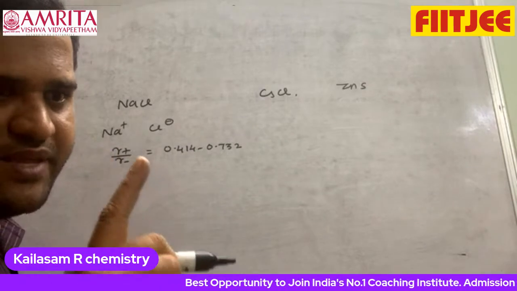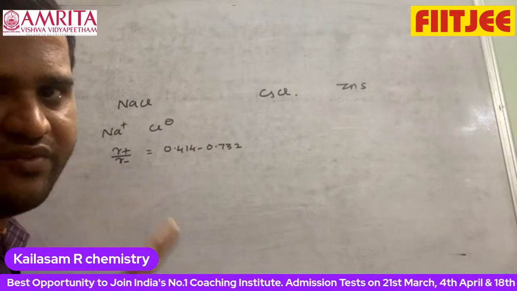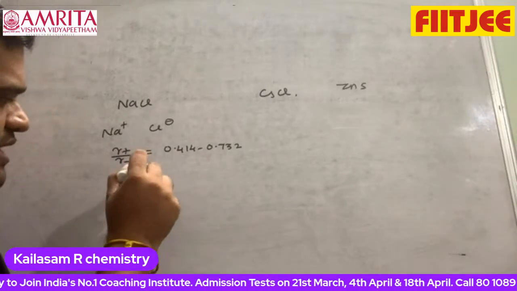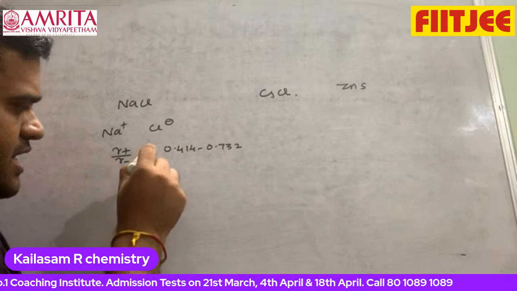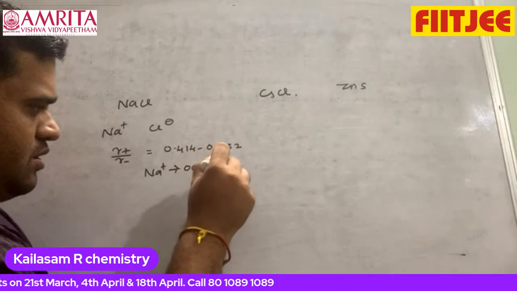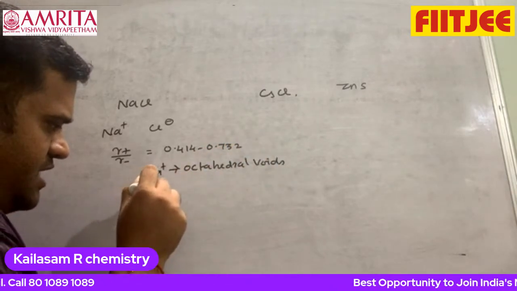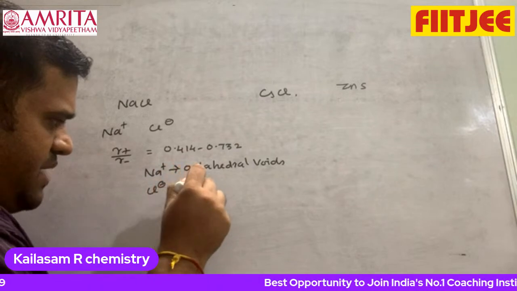So in a cubic unit cell, the number of atoms is equal to the number of octahedral voids. Therefore, Na plus occupies octahedral voids and Cl minus follows the CCP pattern.